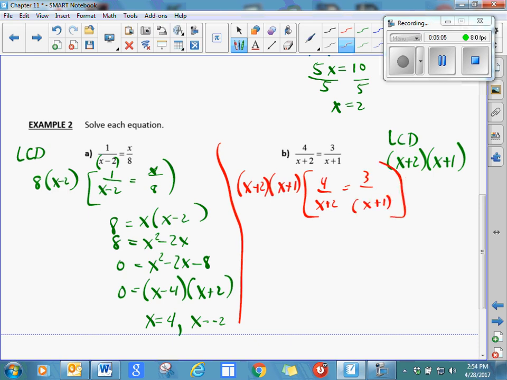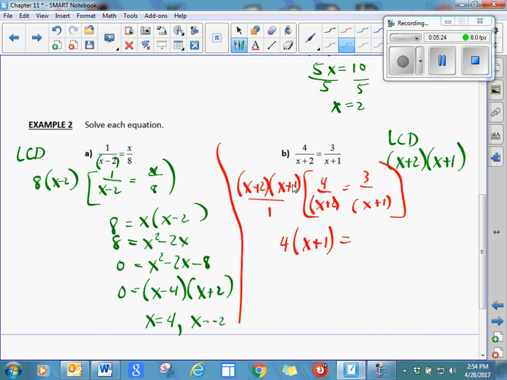You can put parentheses around them if you want. It helps you see what cancels easier. So this, of course, is all over the invisible 1. So when I multiply, this and this cancel, and the x plus 1 is what's left to multiply the 4 by. No denominator. It's gone.